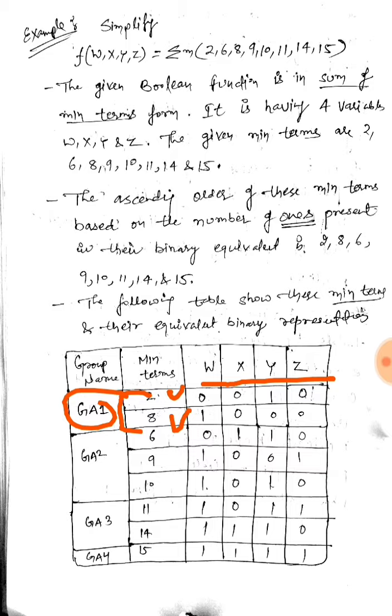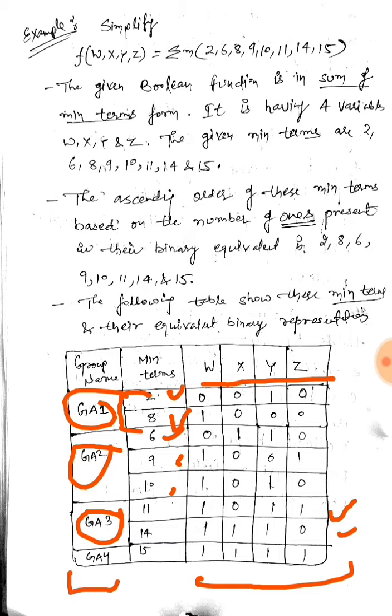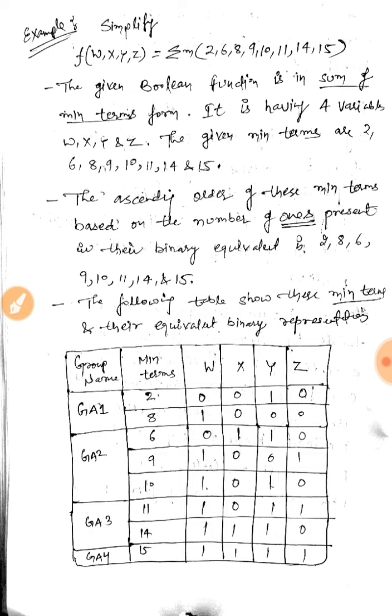Then minterms 6, 9, 10 have two 1s, so this is my group 2. Then I have 3 ones in two minterms, so that is group 3, and the one having 4 ones is group 4. So this is how I can arrange them in ascending order.